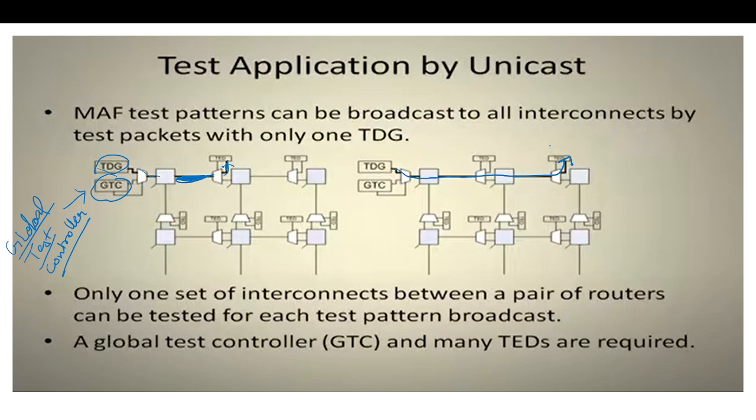Only one set of interconnect between a pair of routers can be tested for each test pattern broadcast. So we are broadcasting, this interconnect we tested, next this interconnect we are testing. A global test controller, a GTC, and their TEDs are required. What are TEDs? We have already seen in the previous slide: test error detector.